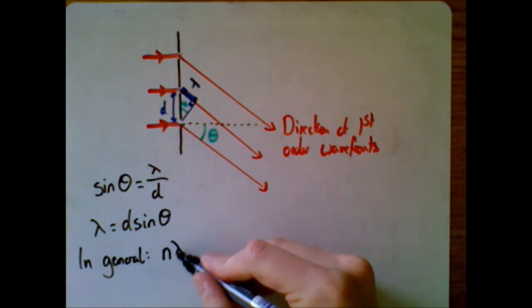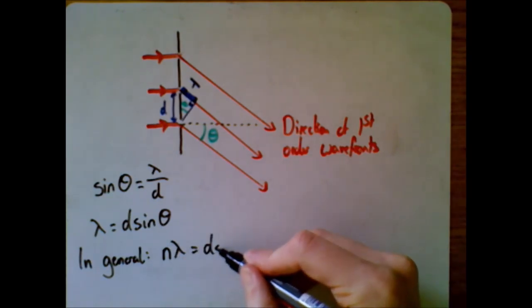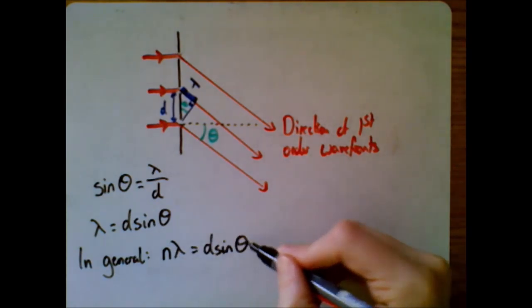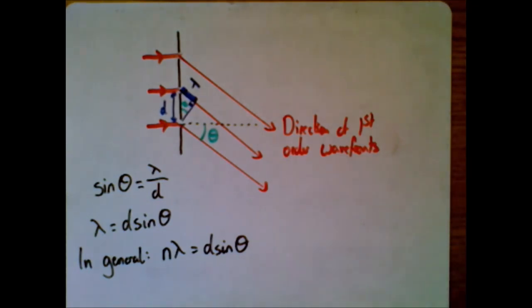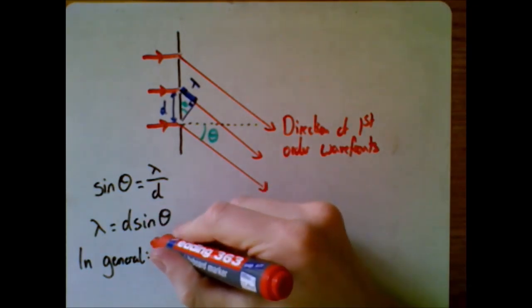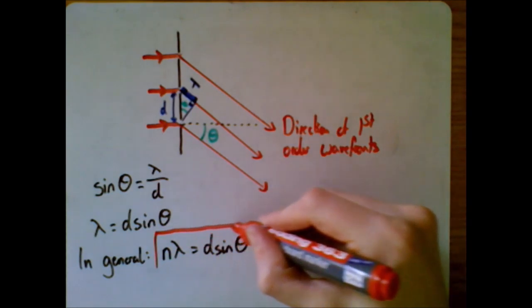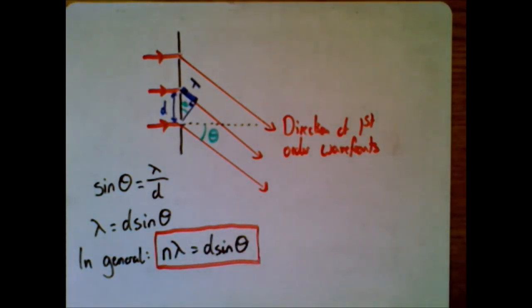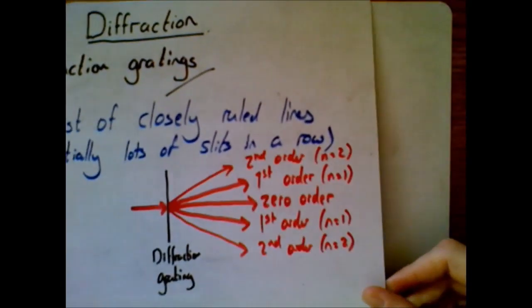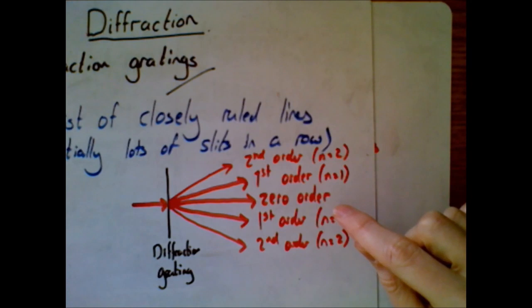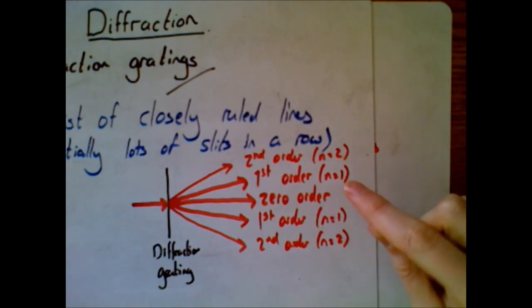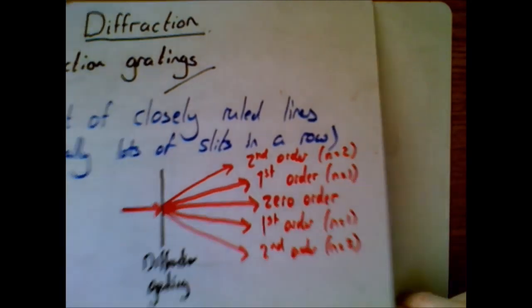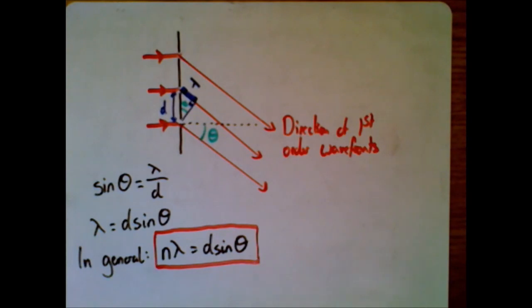So if we generalise this, n lambda equals d sine theta, and n corresponds to the order number. For first order, n equals 1. For second order, n equals 2, and so on. Going back to our original diagram, 0th order, obviously n equals 0, because the angle's always 0. But going up, however many orders you've got, n lambda equals d sine theta.